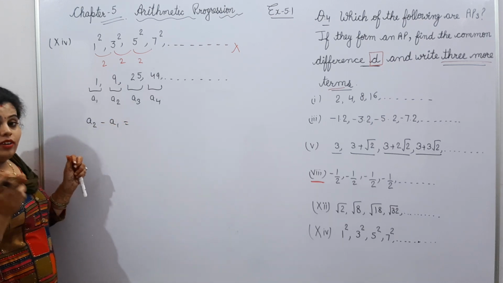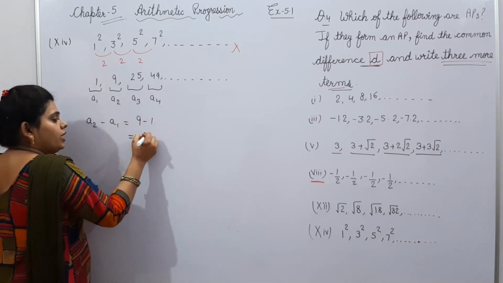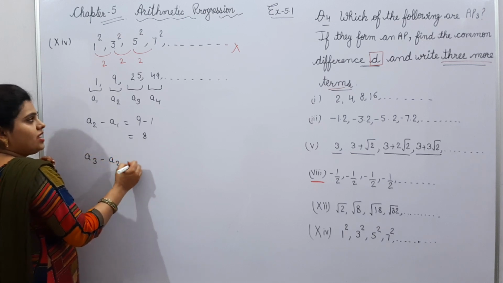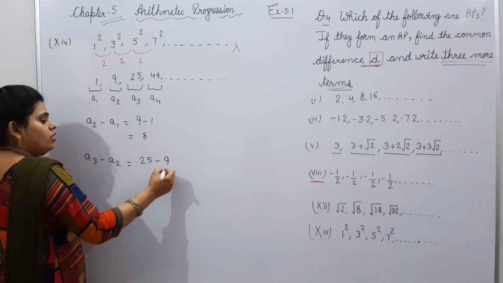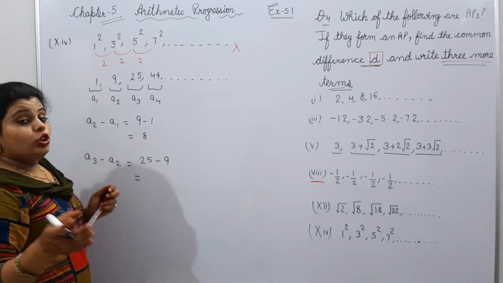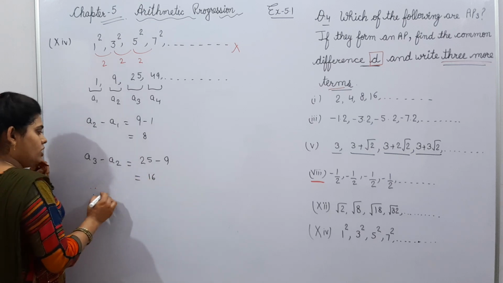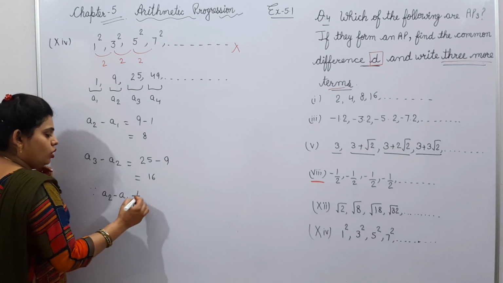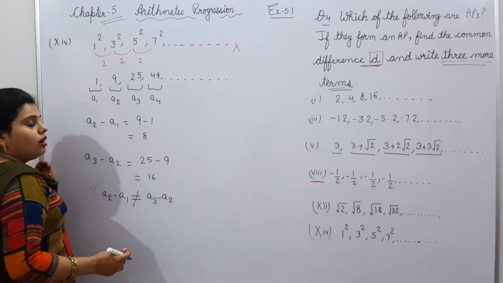Now, A2 minus A1. What is the value of A2, beta? 9. Minus 1 means 8. Now, A3 minus A2. What is the value of A3? 25. Minus A2 is 9. What we will get? Yes, tell. 25 minus 9. 16. So, from here, because A2 minus A1 not equal to A3 minus A2.